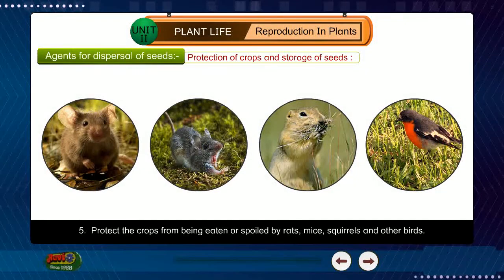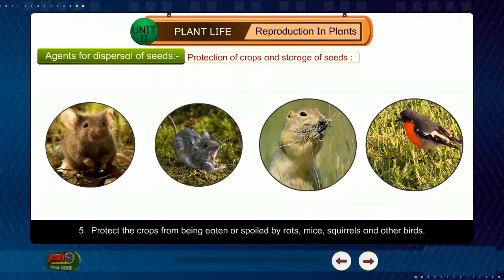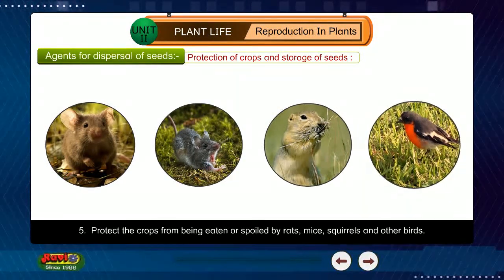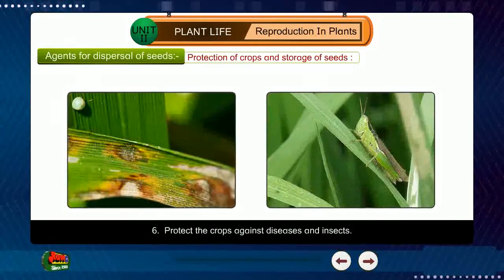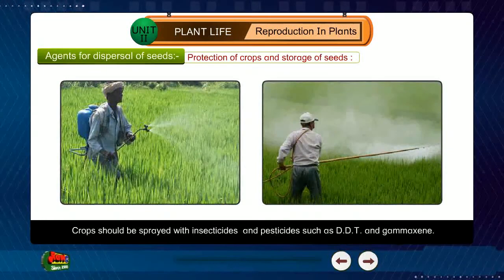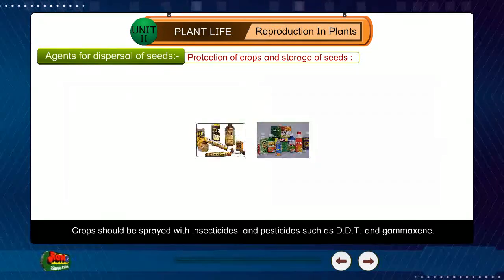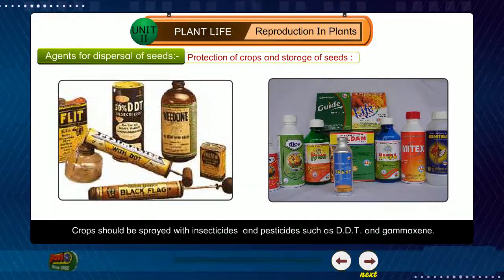5. Protect the crops from being eaten or spoiled by rats, mice, squirrels, and other birds. 6. Protect the crops against diseases and insects. Crops should be sprayed with insecticides and pesticides such as DDT and Gamaxine.